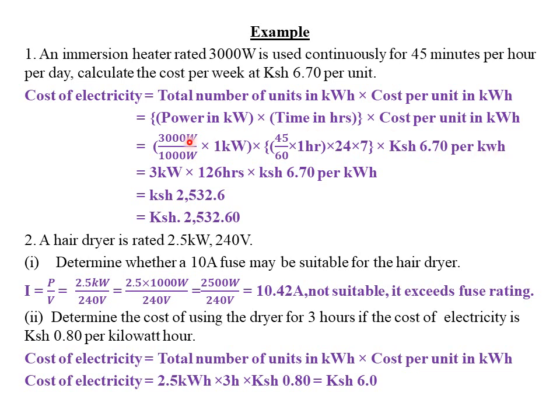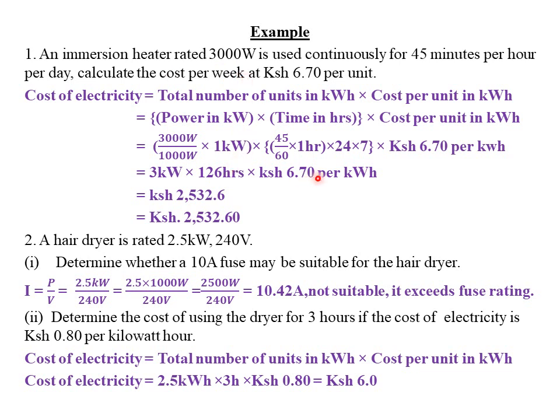So if you take 3000 watt over 1000 watt multiplied by 1 kilowatt, of course 3 zeros will cancel out, so it will remain with a power of 3 kilowatt. Then if you take 45 divided by 60 multiplied by 1 hour times 24 by 7, you are going to get 126 hours as the amount of time taken within that particular week.